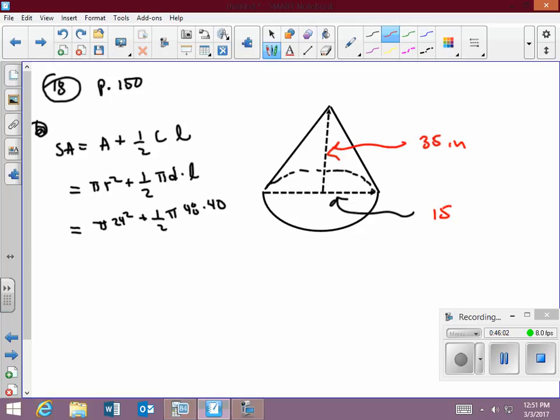Well, what you got to do is find that length right there. That's that L. And what you do is the radius here is going to be 7.5, and then you got 35, so that L is going to be the square root of 35 squared plus 7.5 squared. So that's how you're going to be able to figure that one out.